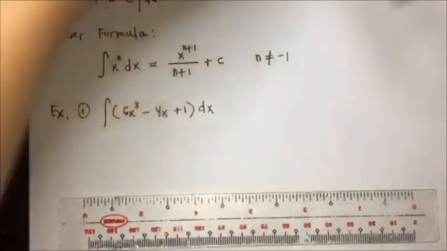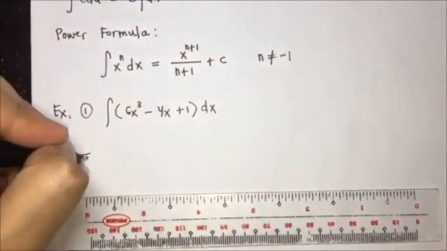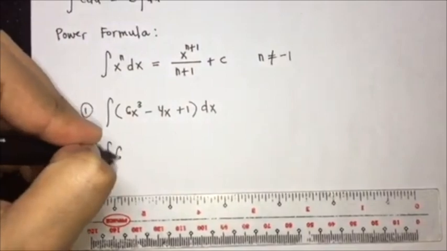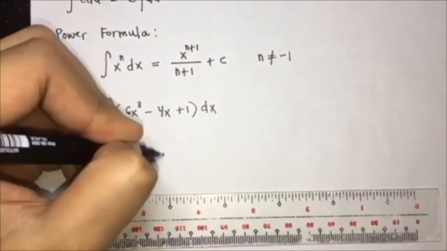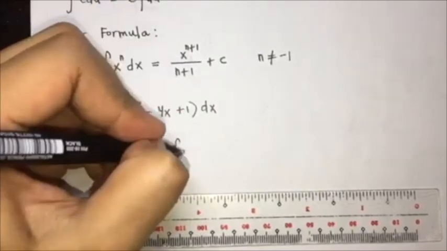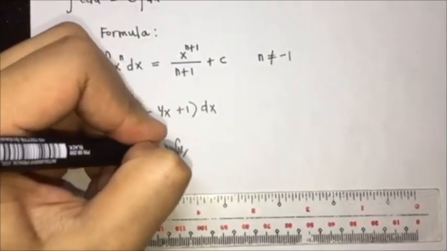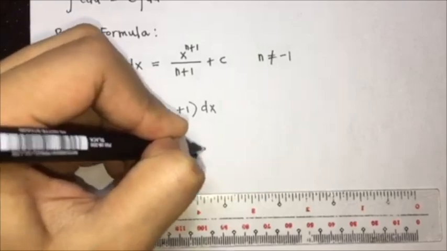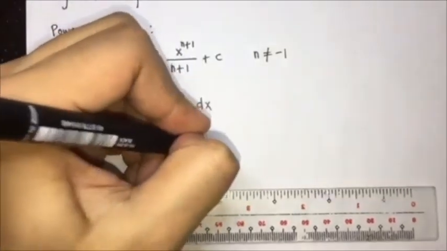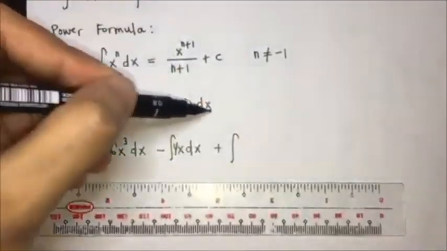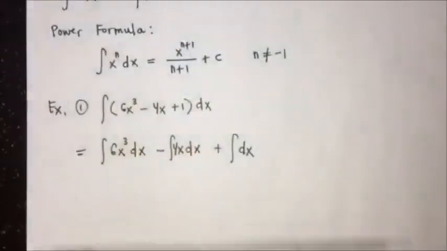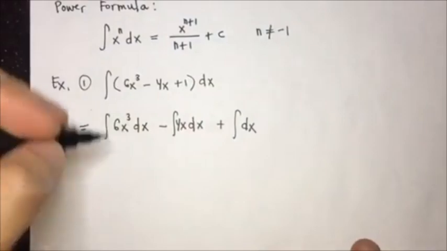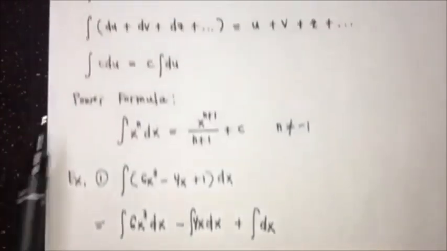This will become the integral of 6x cubed dx minus the integral of 4x dx plus the integral of 1 times dx, so the integral of dx. Okay, the next is we can use the third property.